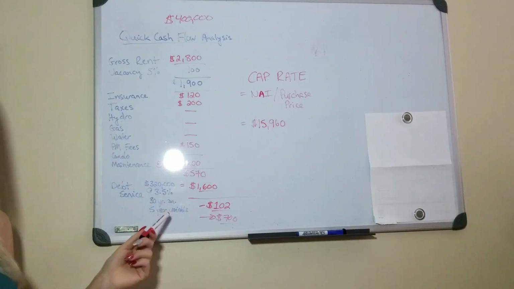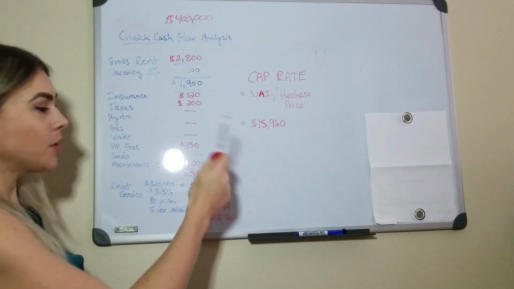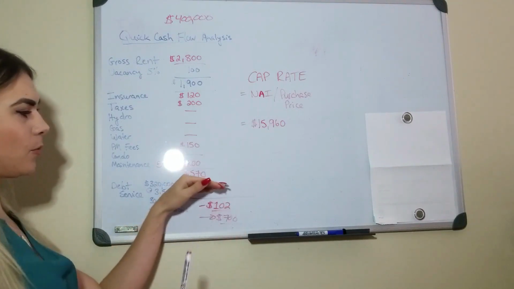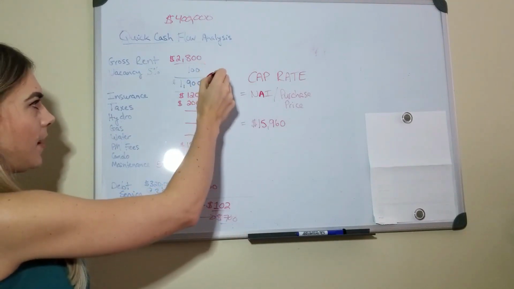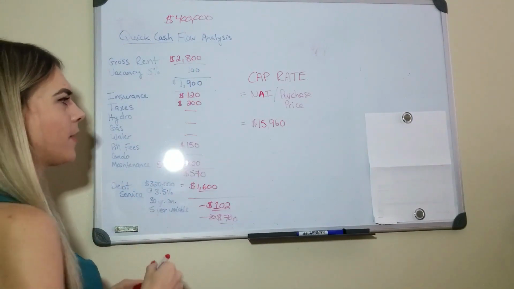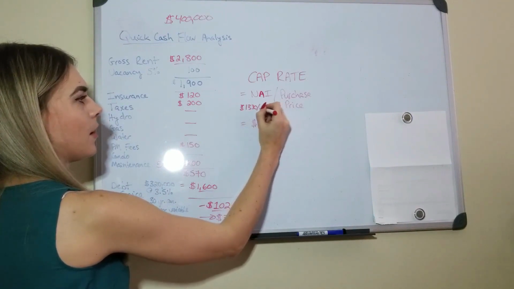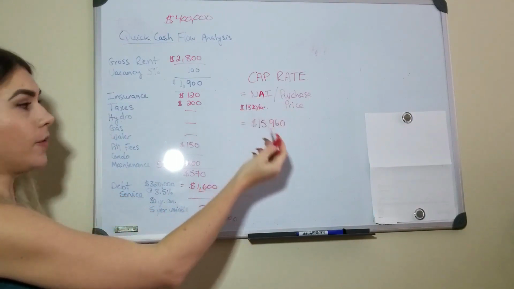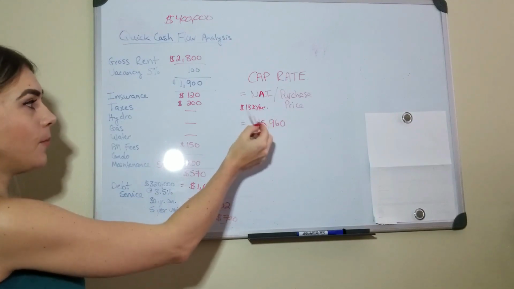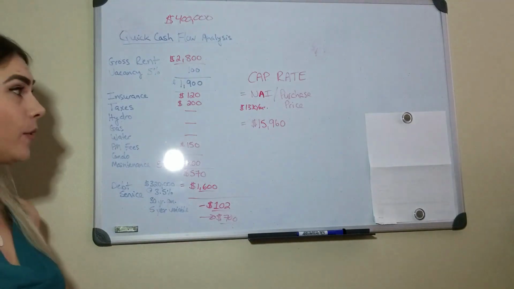So if we use this as our example, we're going to take our net annual income. That means we're going to just scratch the mortgage, and it's going to be this less this. I think it comes out to $1,330 per month. That's our net monthly income, which then translates into $15,960 annually.